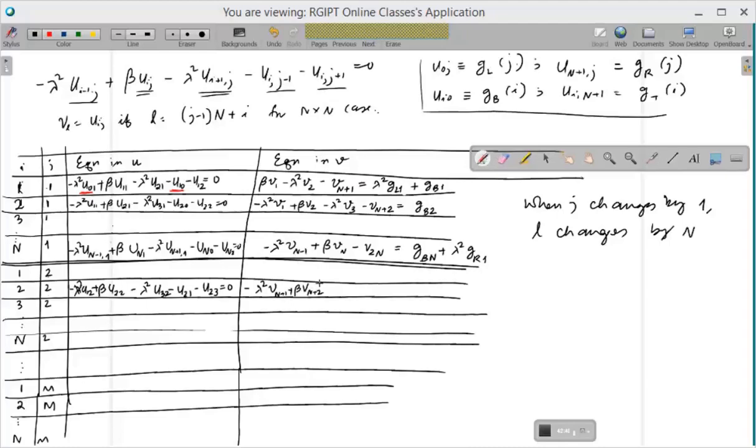So that would be minus lambda square v n plus 3, minus v2, and minus v2n plus 2.